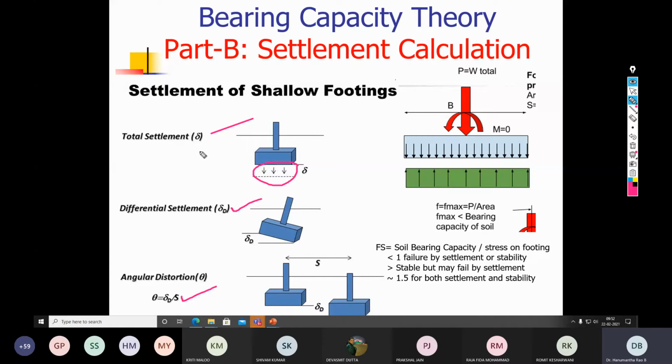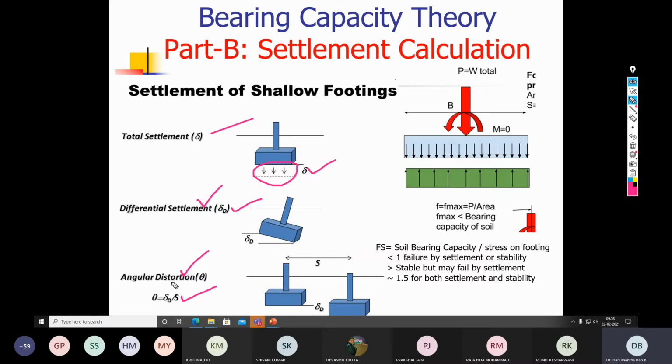Among these three settlement patterns, as long as the footing is settling uniformly, there is no inherent danger to the foundation system. It is only the differential settlement or the angular distortion that causes a possibility of collapse of the structure. Therefore, one has to address critically the differential settlement and angular distortion.